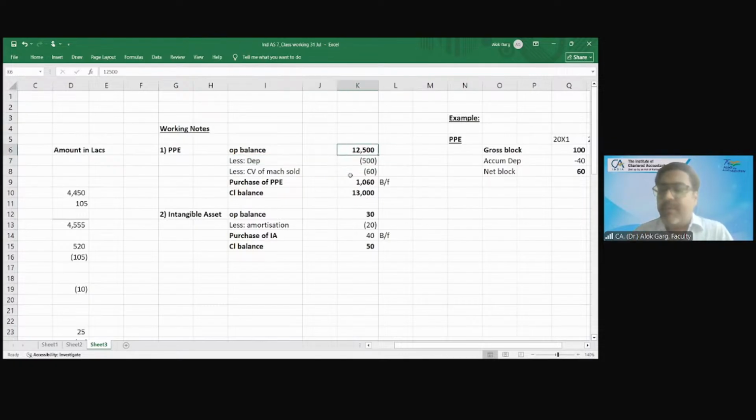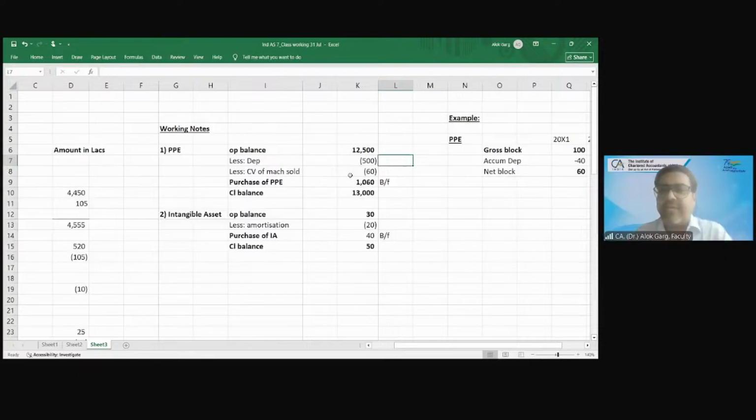If my opening balance is 12,500 and my depreciation is 500, then what should be my closing net block, assuming no other item is there? The closing balance should be 12,000.